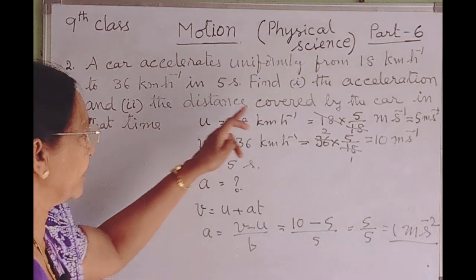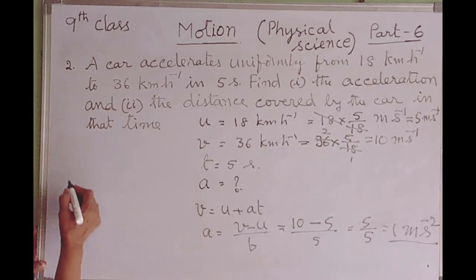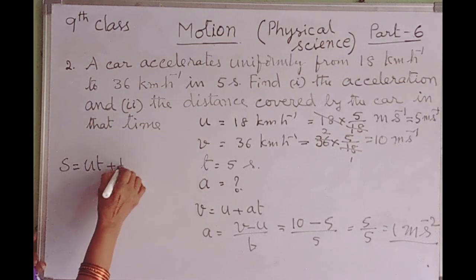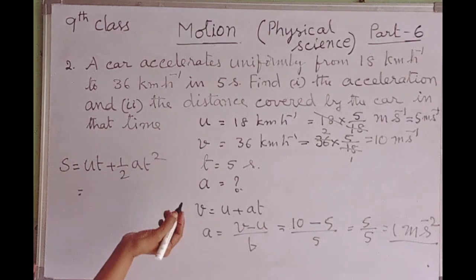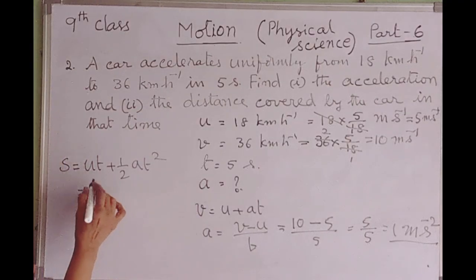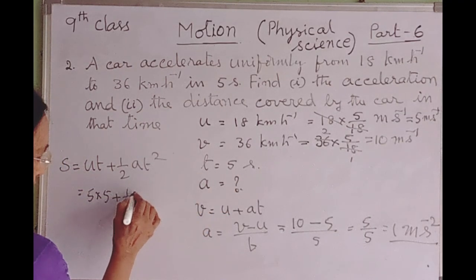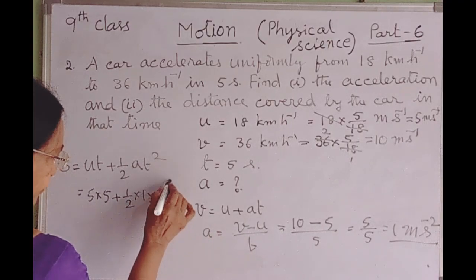Next, distance covered by the car in that time. For distance traveled we will take s is equal to ut plus half at square. So u is 5 meter per second into t, time is 5 seconds, plus half into a which is 1 into t square, 5 square.